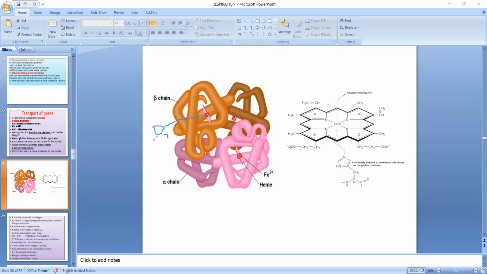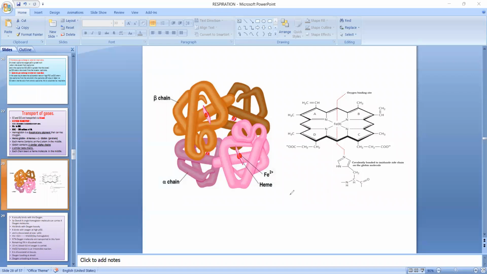It's very difficult to write. So here is one, here is another one, here is another one, and here is another one. In that way, a single hemoglobin molecule can bind four oxygen molecules.